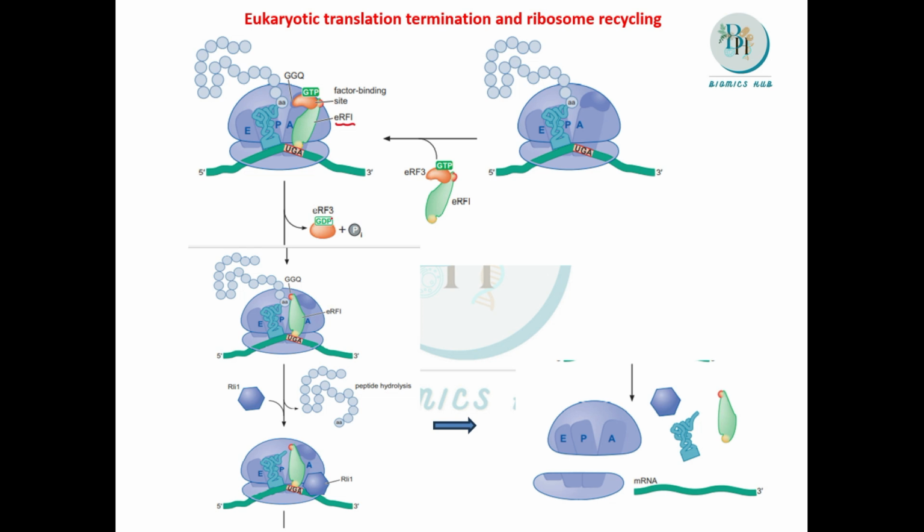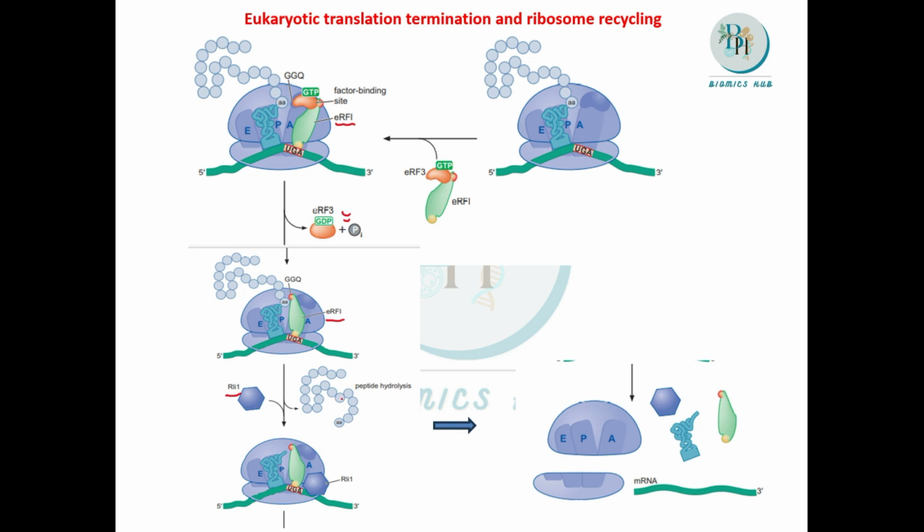Okay, now the ERF3 is removed after the binding. After the binding, the ERF3 is removed in the form of GDP, and the GGQ sequence is present here, and the ERF1 is also present here. When ERF1 is present in the A site, and after the removal of ERF3, it recruits RLI1.